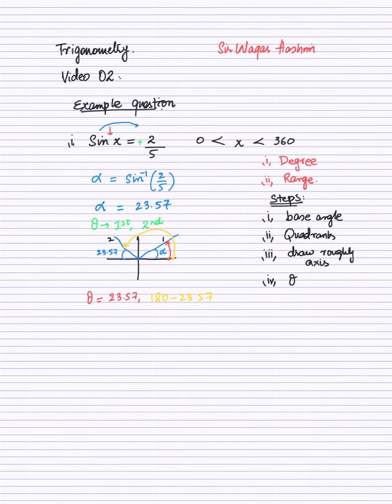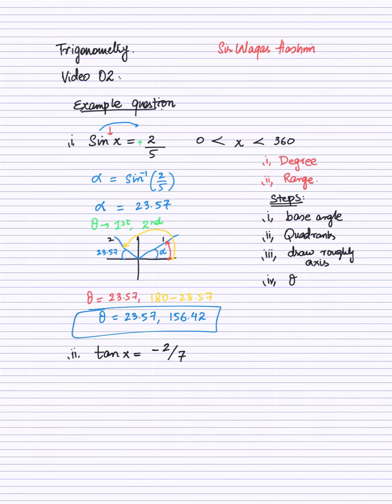If we are moving from this point to this point, we have covered the angle 180. We don't need this part because we need to stop right here. So we subtract 23.57 from 180. The final values for theta are: the first one is 23.57 and the next one is 156.42. These are your final answers.